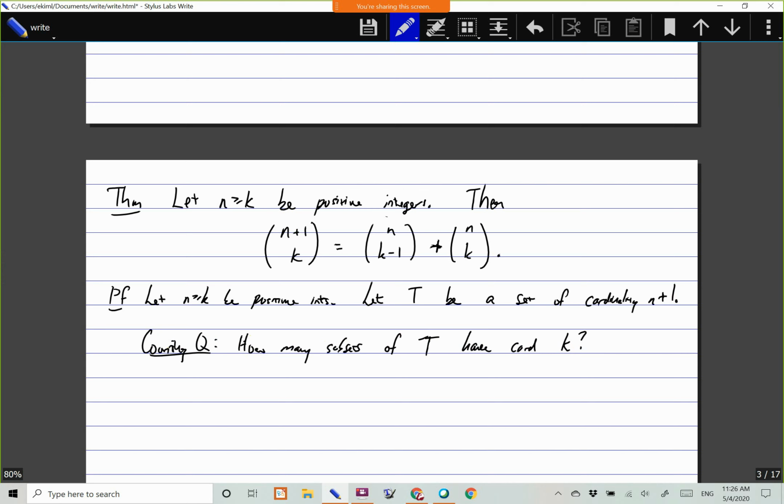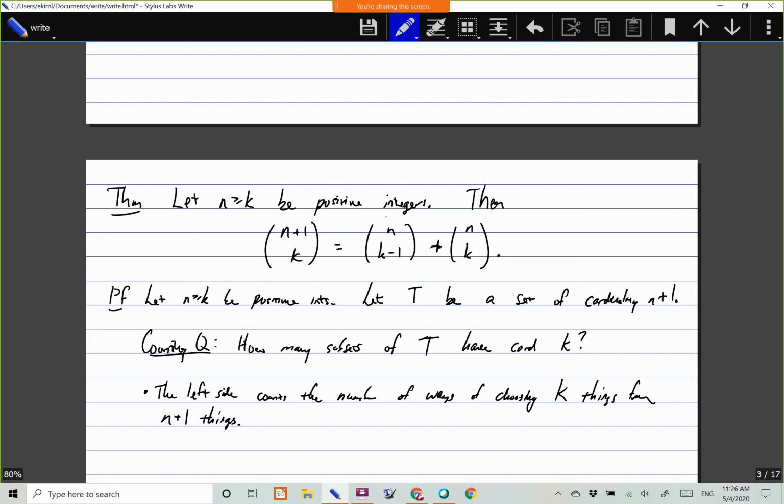So answering this question once, the left side counts the number of ways of choosing k things from n plus 1 things.